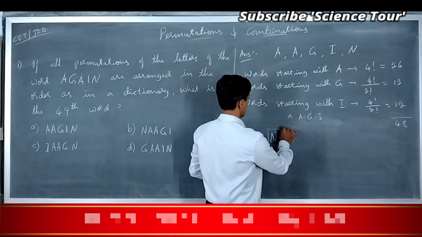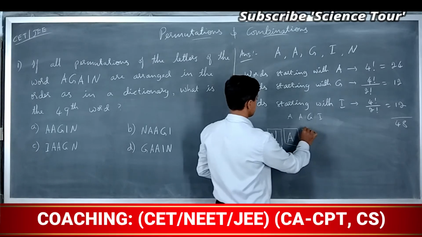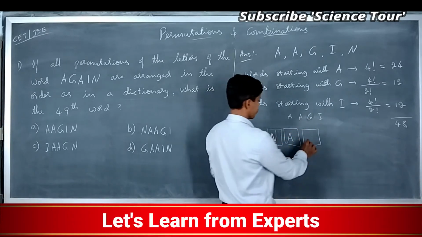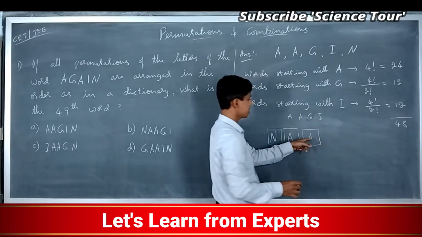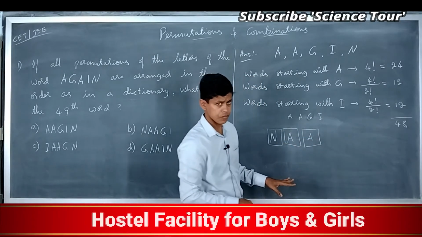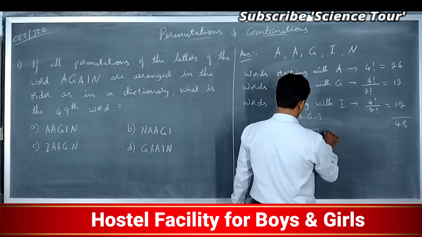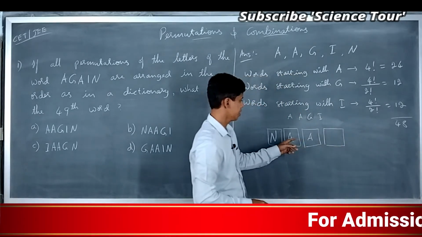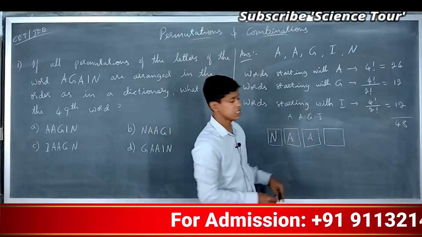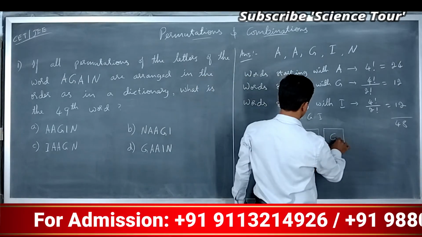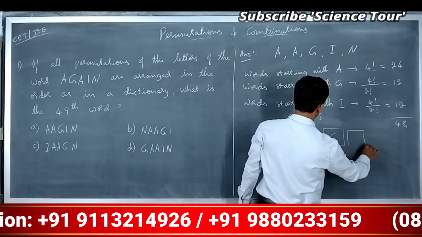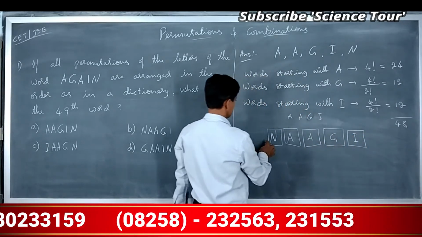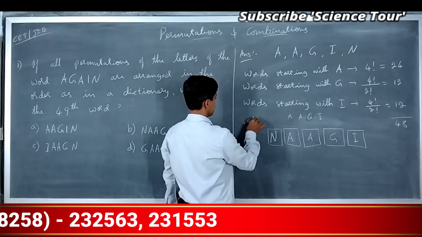And in the next place, do you put G? No, there is one more A. We have to write the next letters alphabetically only. So after A, what comes next? G, right? So we fix G here. And finally what do you have? I. So this is the word which is the 49th word.